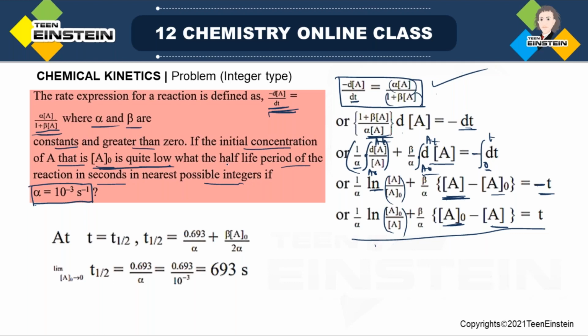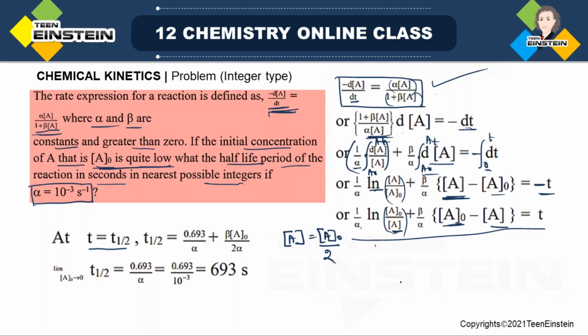And we have to find the half-life period. Half-life period means the time at which the concentration becomes half, that is 50% will be consumed. So when t is equal to t half, this ln A naught by A, what can we write? In place of A, you can write A naught by 2.